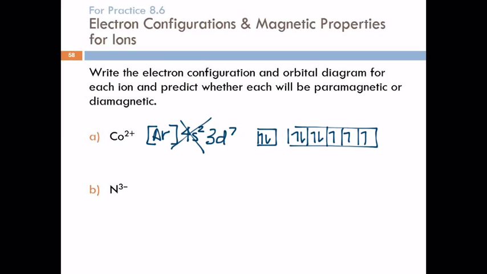This is 3d, and this is 4s. And we're losing the 4s electrons. So this is the orbital diagram for this cobalt ion. Does it have unpaired electrons? Yes. So is it paramagnetic or diamagnetic? Paramagnetic.